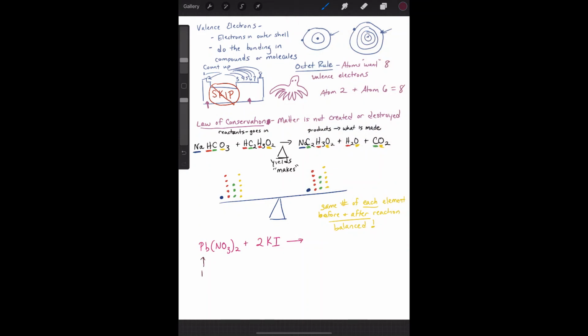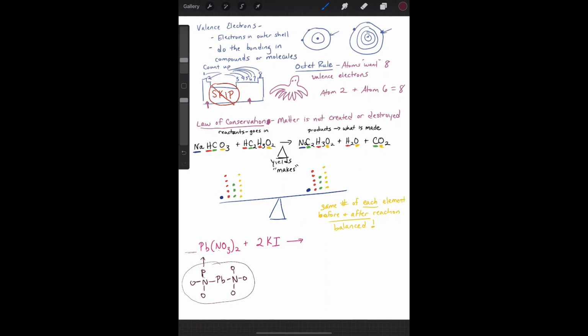I have one here in the parentheses, but I have two of everything that's in the parentheses. So I could imagine it like this. I have one Pb, and then I have an NO3 on this side and an NO3 on this side. Not that you would need to know exactly how they're set up, but you could visualize this so you could see that there are 2 nitrogens, 6 oxygens in this compound. And because there's nothing out here, I only have one of these.